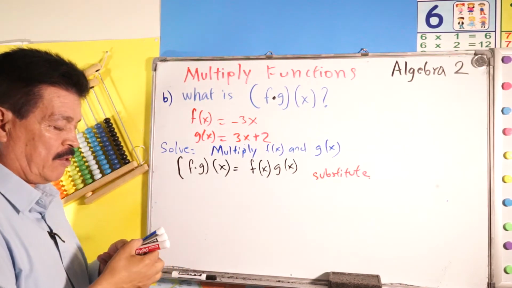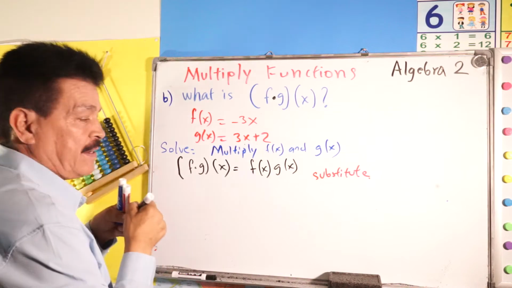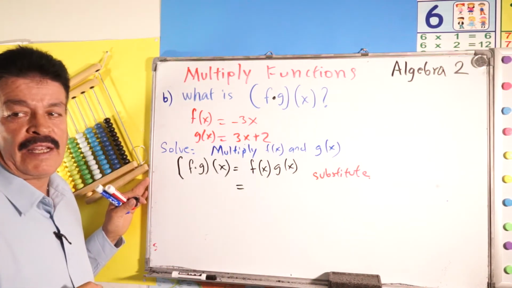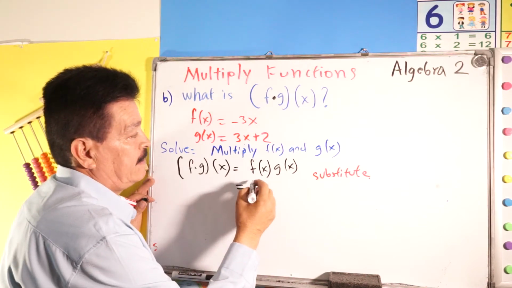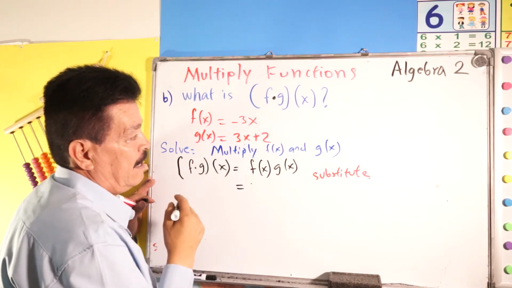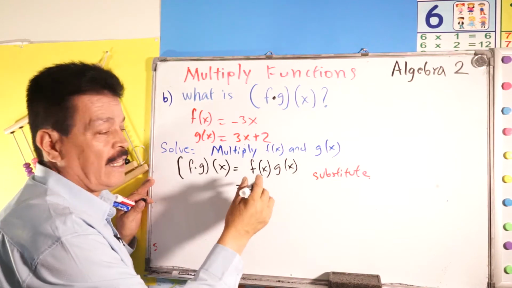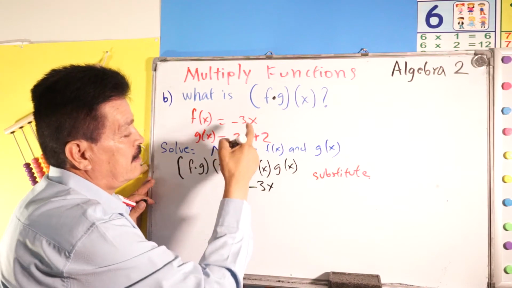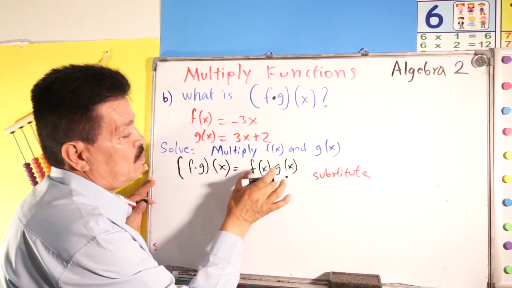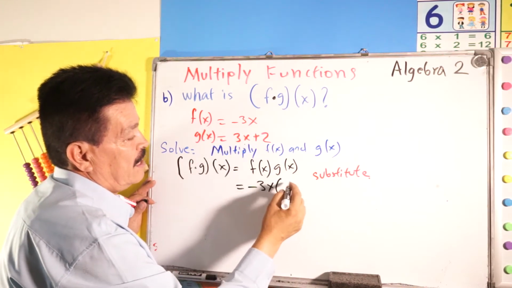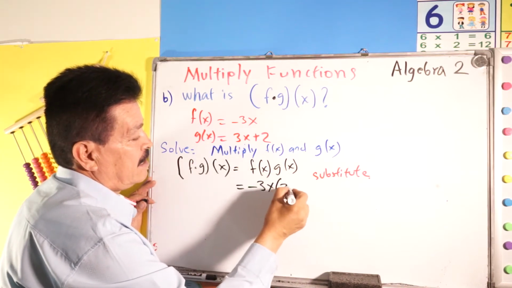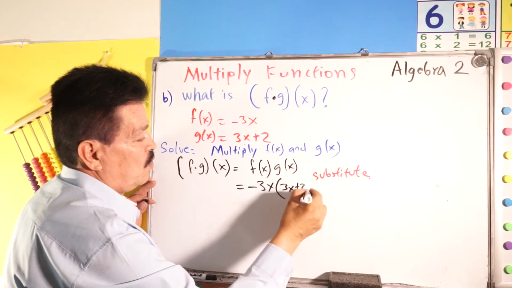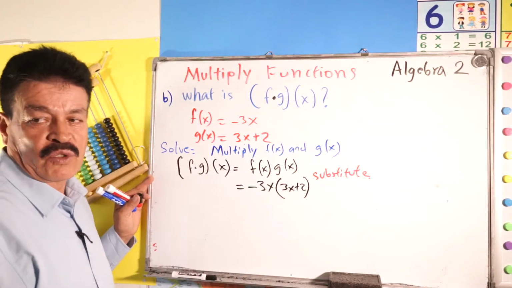We will have equals negative 3x, right, negative 3x, this one, times g of x, which is 3x plus 2, okay? 3x plus 2.